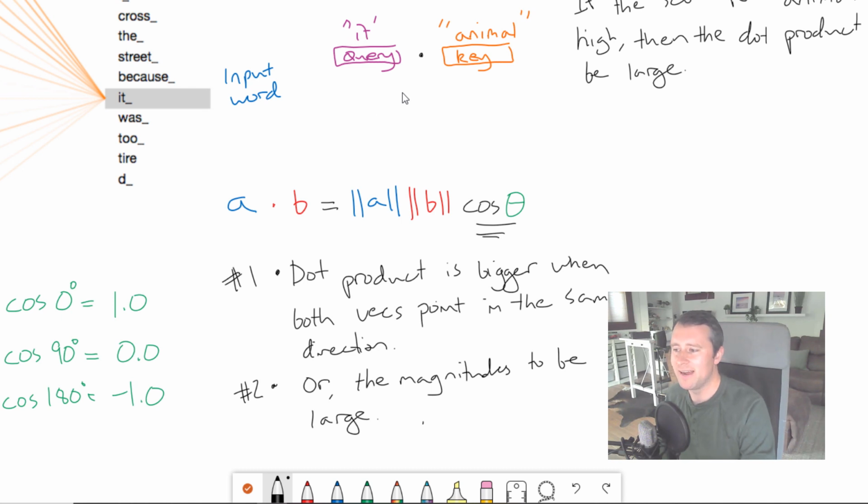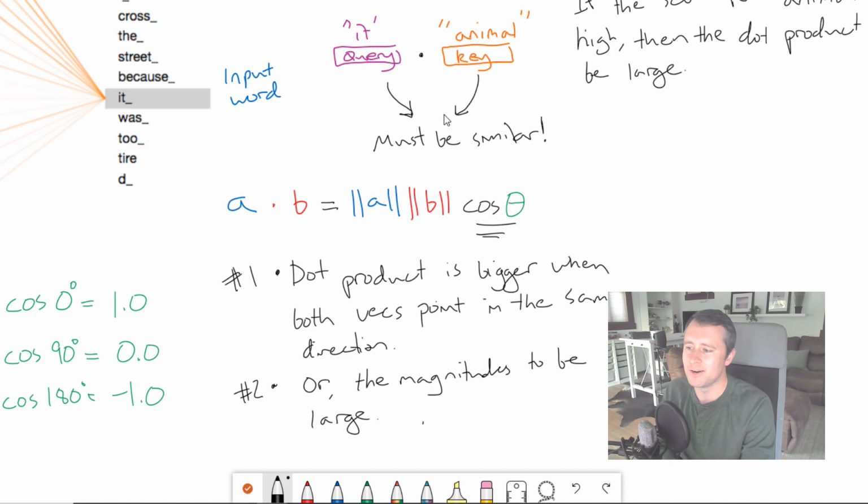So that tells us that for the score to be high for it and animal, these two vectors must be similar. And again, the other way is if the magnitude of one of these vectors is just really high, but that provides less intuition. So I hope that's not really the reason that these words get scored high. I hope it's because the query and key vectors are similar.